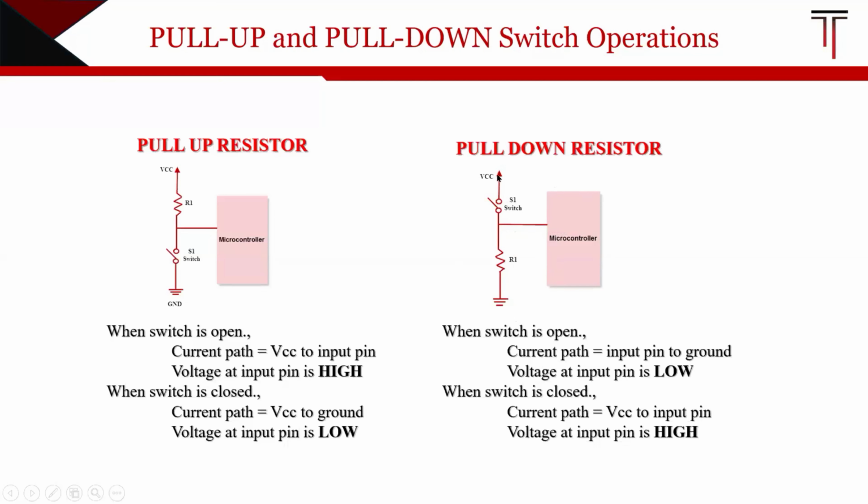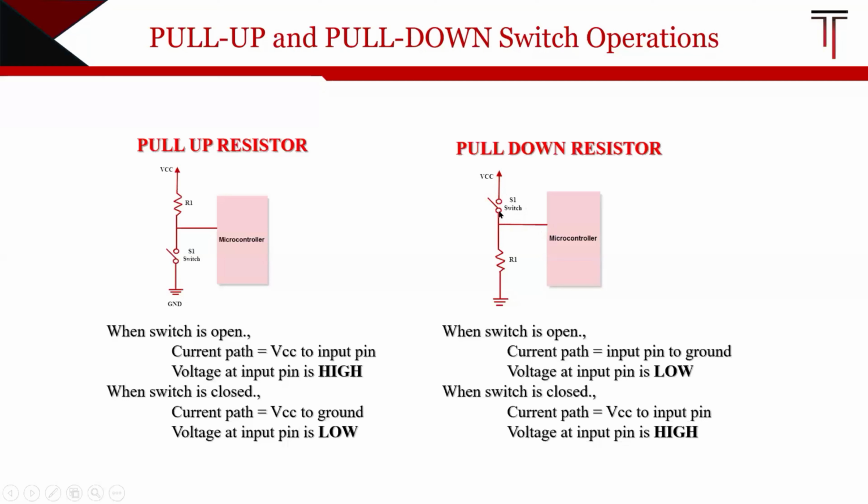Why? Because the path to ground has some resistance and this path doesn't contain any resistance, so the total VCC will go to the microcontroller. And this state reads input high.